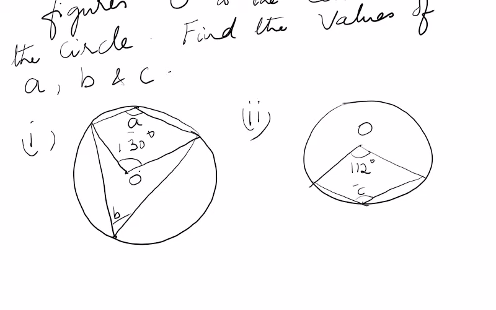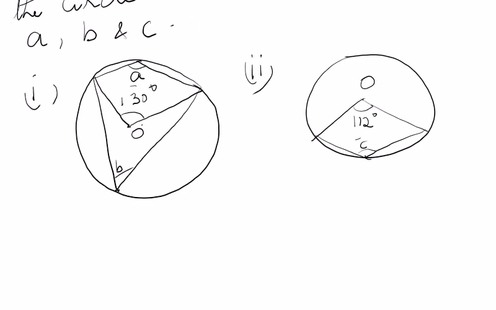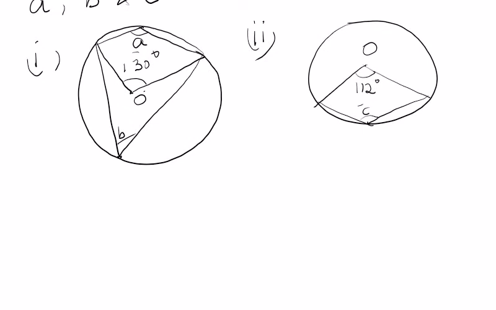Now first let us see the first one. Now in the first figure, this is a reflex angle at the center. So this reflex angle is equal to double the angle in the remaining part of the circle. So this B will be half of 130, that is 65.